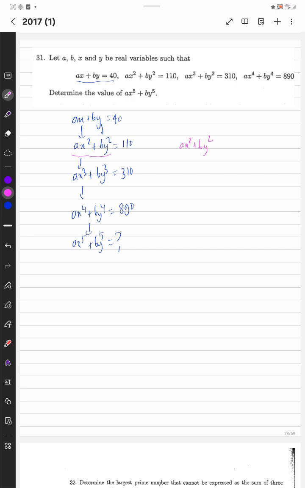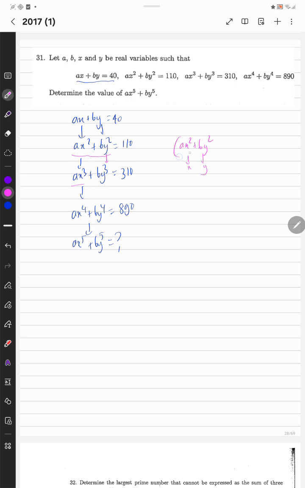To convert ax² and raise it to the consequent power, ax³, we should multiply it by x, then we get this particular power. And to raise by² to by³, again we have to multiply it by y.